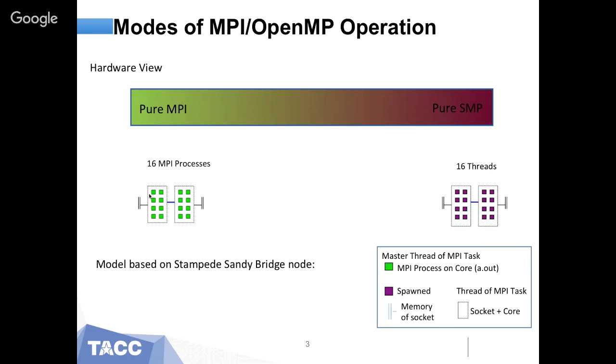So that's why it's reasonable to have just a few of these MPI tasks doing the communication on a node, maybe up to 16. That's fine, and it's not too bad. And then have the OpenMP do some work in there.